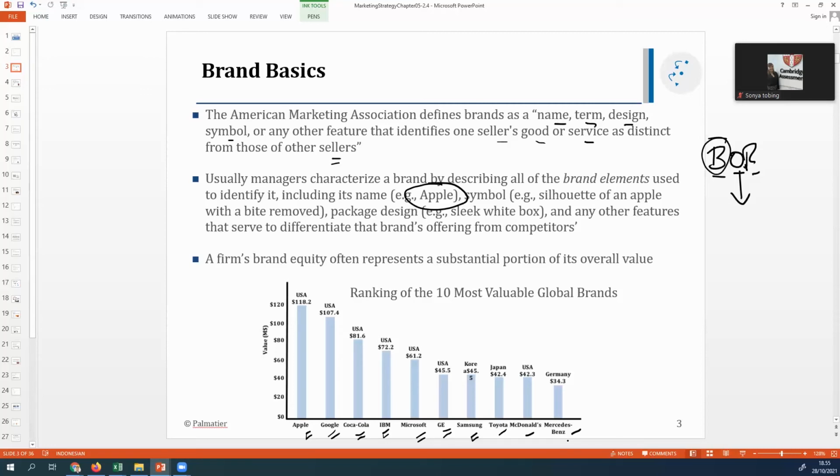So given the same core value of the product, Apple has the biggest brand equity. People value the brand of Apple relatively higher than Samsung. All right. If any question, just shoot.